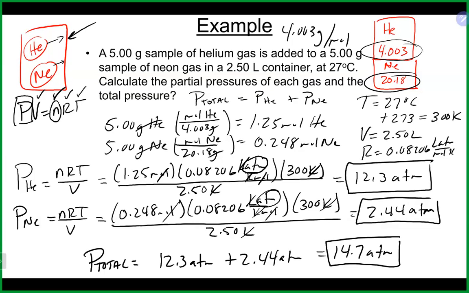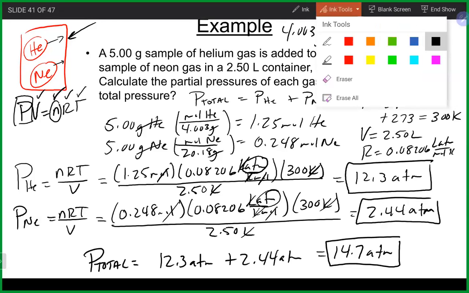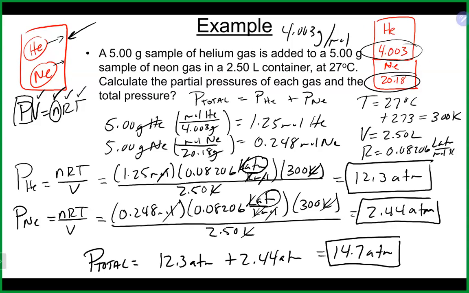By the way, which one is the major contributor here to the pressure of this mixture? It is helium by a long shot. Any ideas why helium is the major contributor? It has to do with these numbers. Which one is lighter? Helium is much, much lighter.